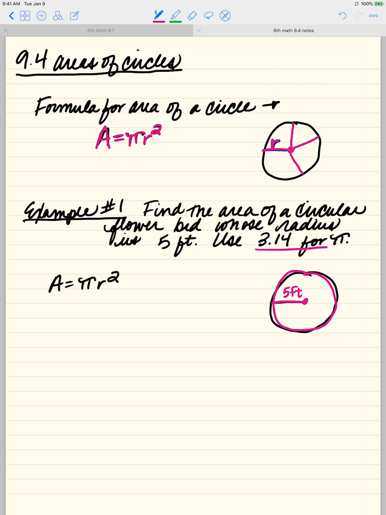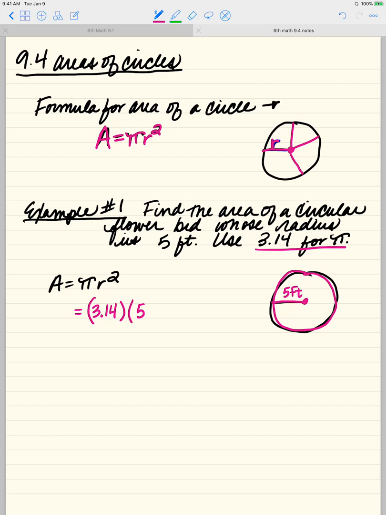Use 3.14 for pi. So all we're going to do is plug in what we have. We have pi, which we were instructed to use 3.14 for. Do not just push the pi button on your calculator. Use 3.14 on your calculator for these. So 3.14 times the radius squared.